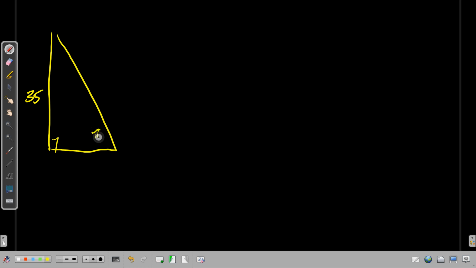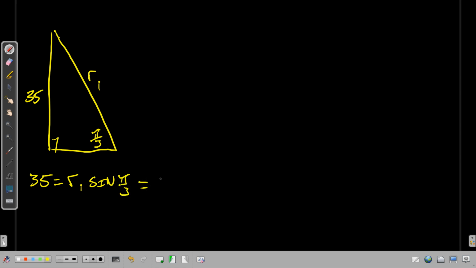So I have that the first triangle with a side of 35, this being a right angle, and this is pi over 3, and we'll call this hypotenuse R1, then 35 is equal to R1 sine of pi over 3.